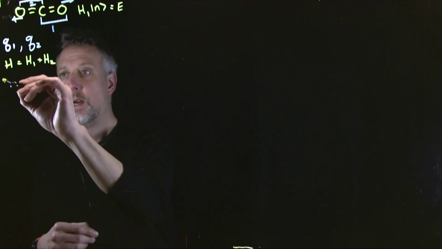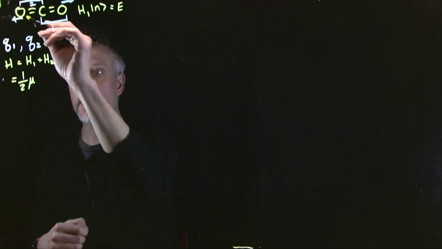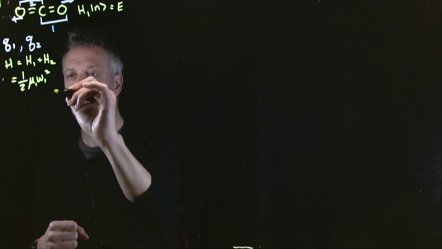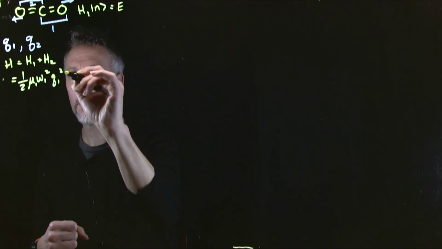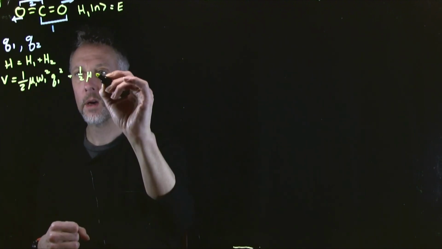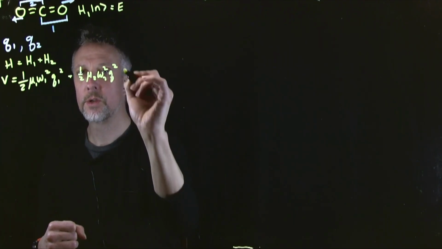So this would be then 1/2 mu omega 1 squared, the mu's are the same, but you can call them mu1 if you want, Q1 squared, plus 1/2, this is the potential, mu 2 omega 2 squared Q2.